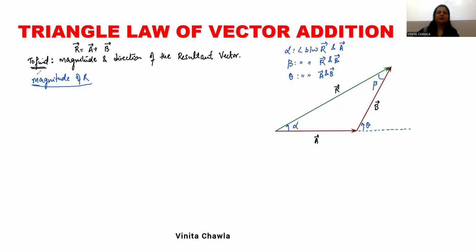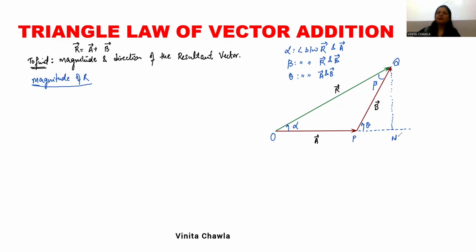We'll do a construction here. Draw a perpendicular. Let this be point O, this point be P, and this is Q, and this is N. Okay.